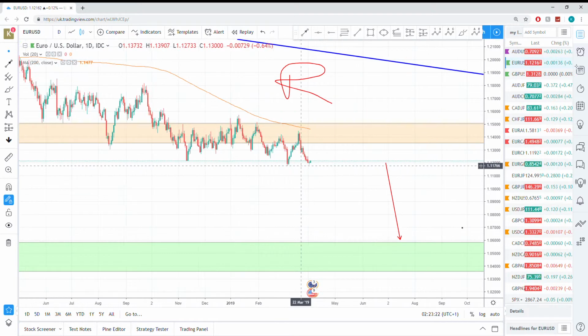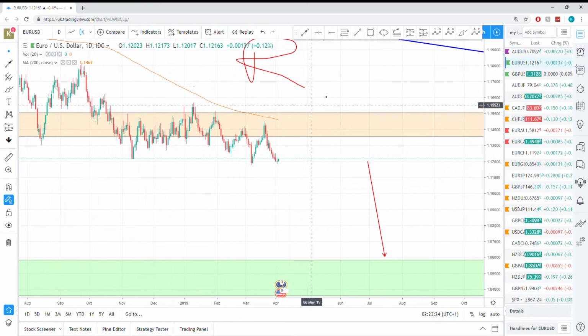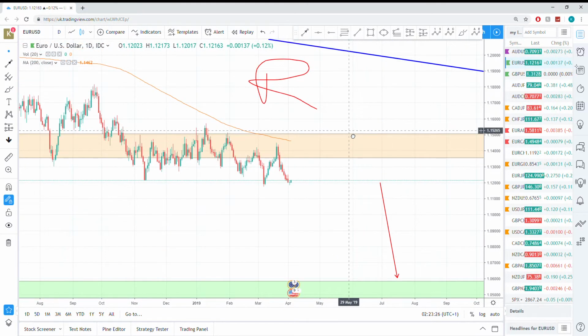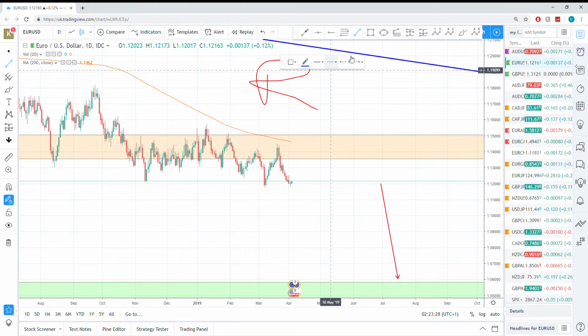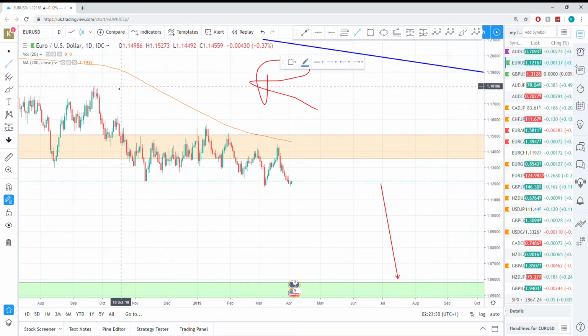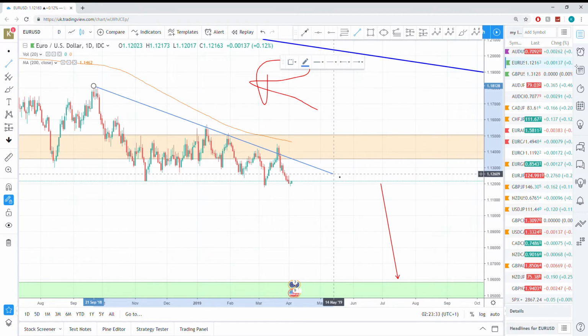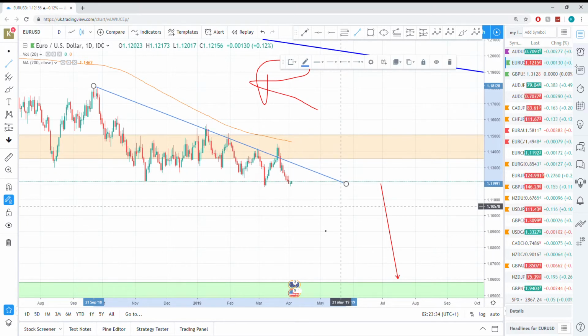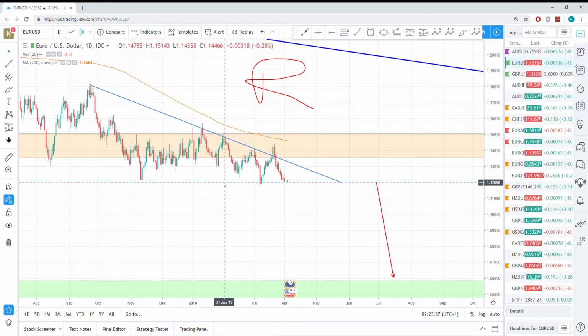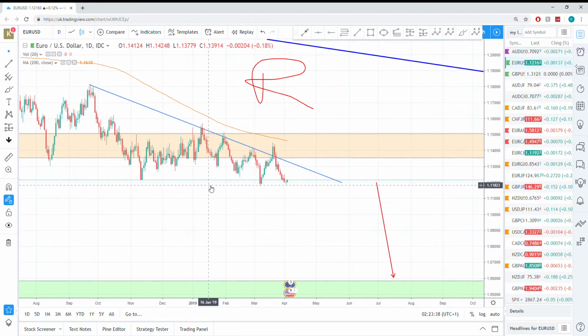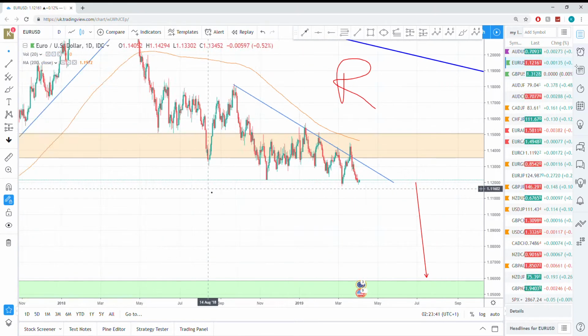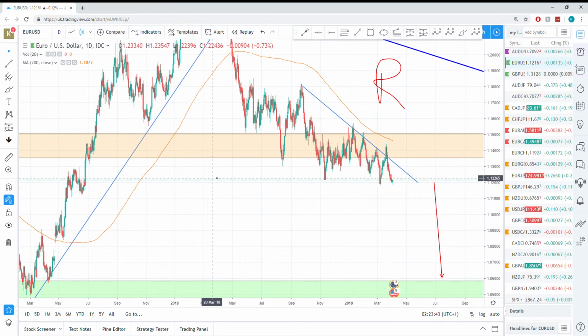So we do our trend lines again. It's just very simple. Just one here. So like I said, we're just building confluences together.